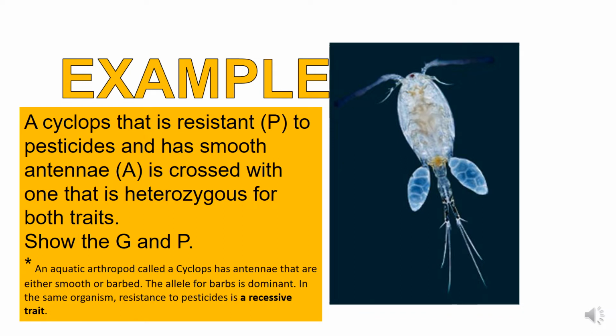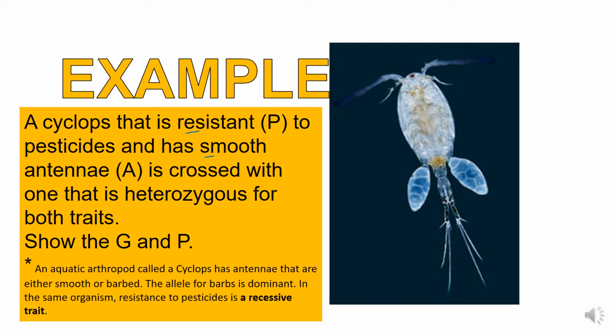Okay? So for this one, sabi nga niya, the Cyclops is resistant to pesticides, right? So yung kanyang trait ay yung resistance niya to pesticide and yung kanyang smooth antennae. Alright? So sabi niya dito sa baba, the resistance and smooth antennae are both recessive traits. Okay?